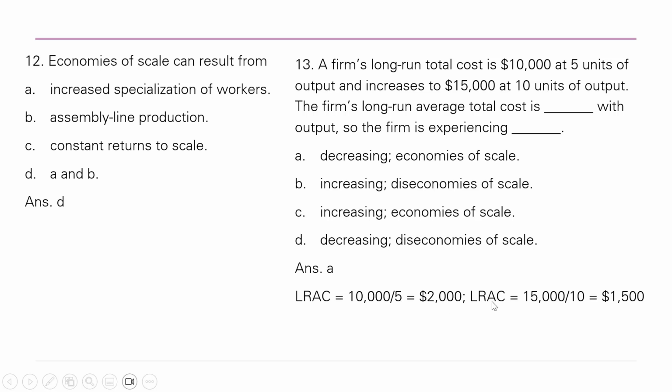Then I'm going to get the long-run average cost when output is now 10 units. So 15,000 divided by 10 gives us a long-run average cost of $1,500. So this here is a case of economies of scale. As the firm's getting bigger and bigger and producing more output, it's enjoying falling per unit cost. So the correct answer again is going to be A. We got economies of scale, and the long-run average total cost curve then is decreasing over this range. Okay, that's it.